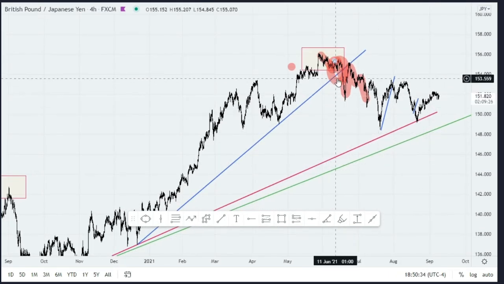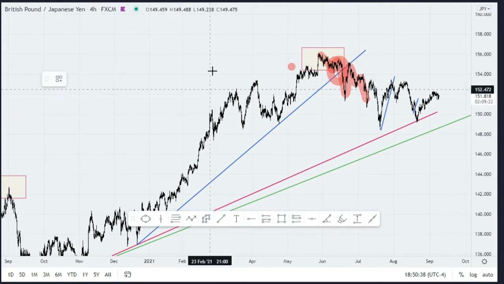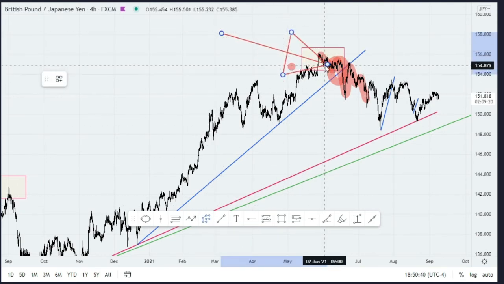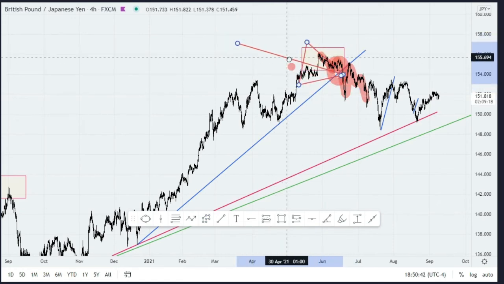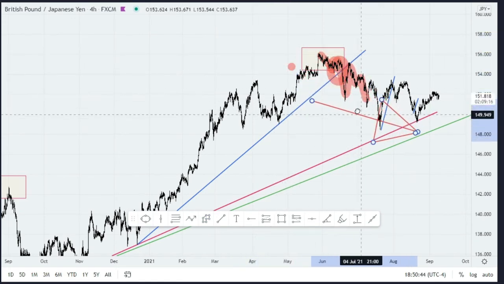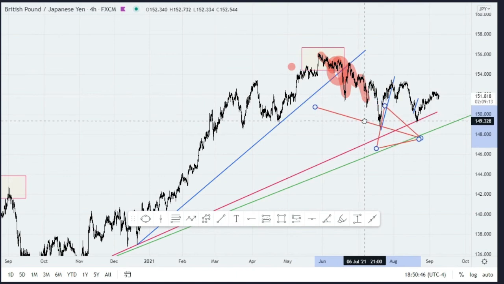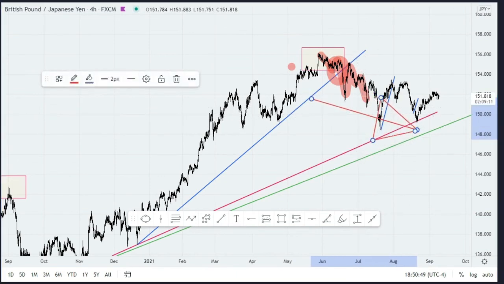Well, because the market broke the short-term trend line, but did not break the medium term and the long term. Make sense, everybody?